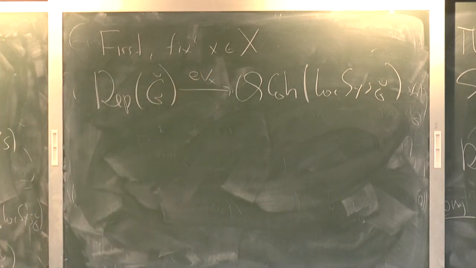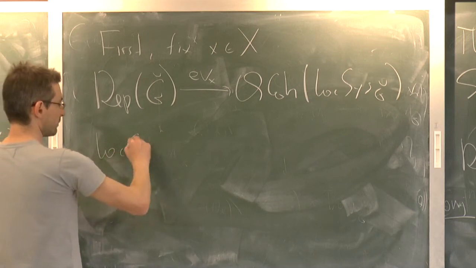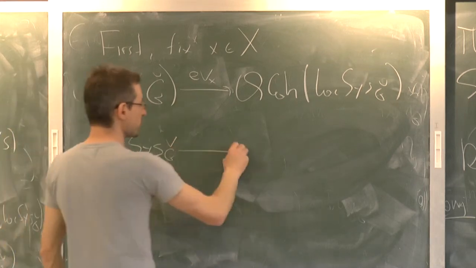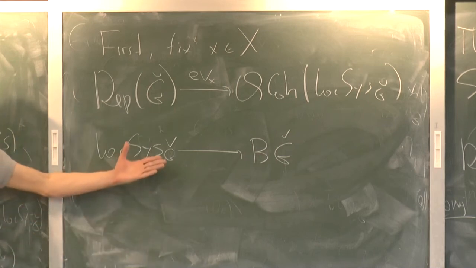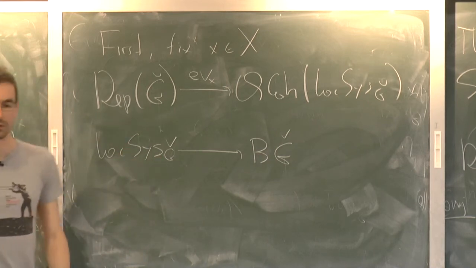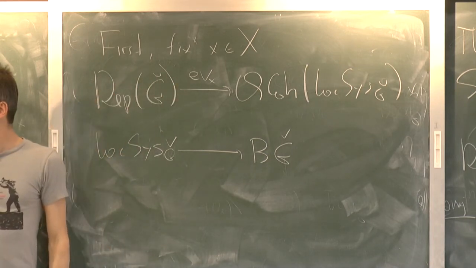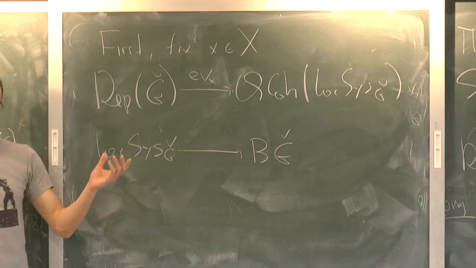It's very easy to construct: it's just pullback. I claim that LocSys G check, given any point, maps to BG check. So you can restrict your local system to a point and get a G check torsor, and this functor is just pullback. But this is deceptively too simple when you have a single point.